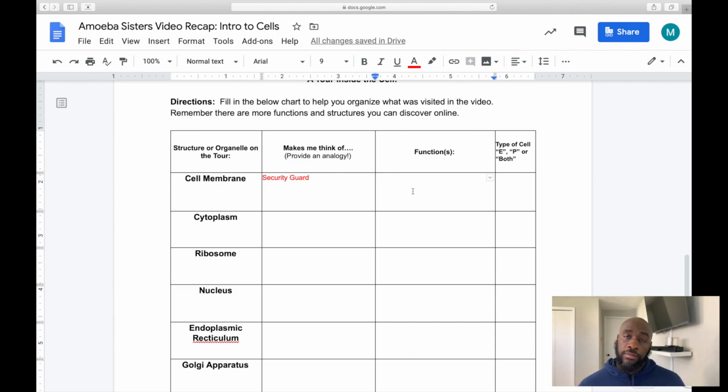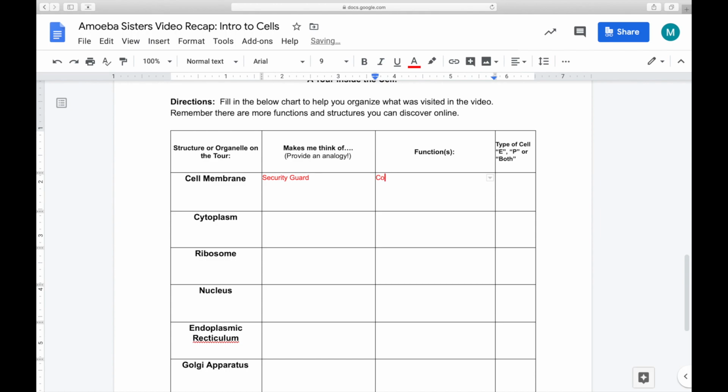Now, functions. I just talked about what it does. Again, the cell membrane controls what enters and leaves the cell. So I'm going to put controls what enters and leaves the cell.